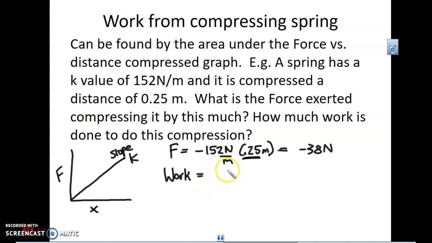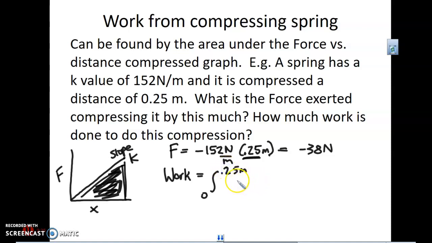But be careful. You don't want to just take the force times the distance in this case, because that force is constantly changing. What we want to do is find the area under this graph, okay? So we would integrate that area.